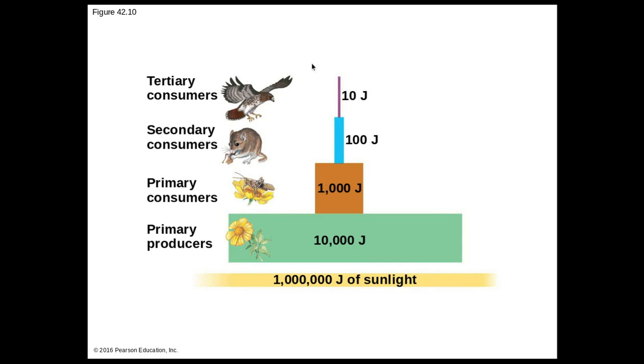We might be able to hit quaternary consumers, but they would only get 1 joule of energy. And if we went even higher than that, it would be even less. So there tends to be a lot more primary producers because they're getting all this energy from the sun, and then the amounts of these creatures tends to decrease as we move higher in the pyramid.